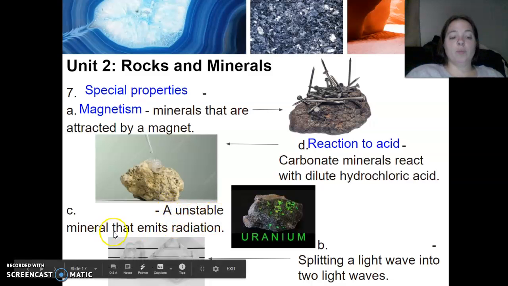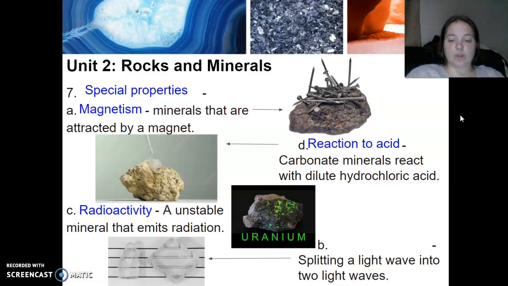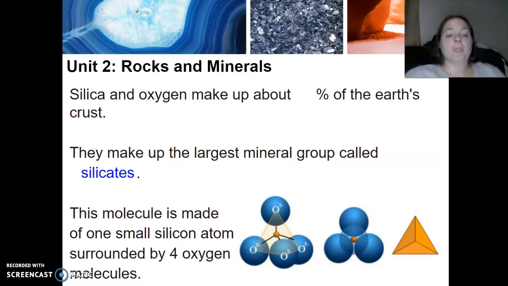Okay, so an unstable mineral that emits radiation. This is radioactivity, like uranium. That is a mineral, and it is radioactive. This last one you have is double refraction. It's the splitting of a light wave into two different light waves.